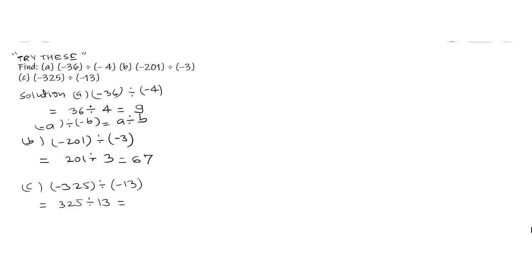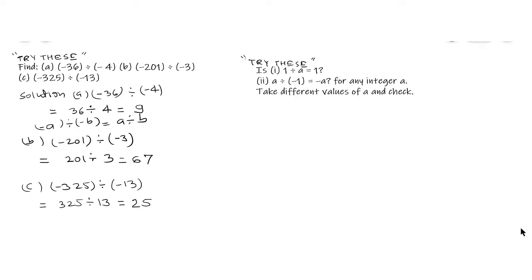So 13 times 2 is 26, and subtracting 26 from 32 we get 6 as the remainder, and we carry 5. So we have to divide now 65 by 13, and in the table of 13, 5 times 13 is 65. So our quotient comes out to be 25. We go to yet another set of Try These.